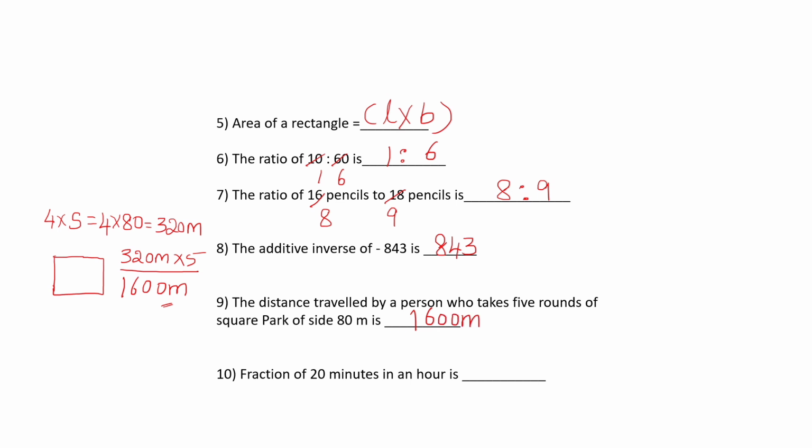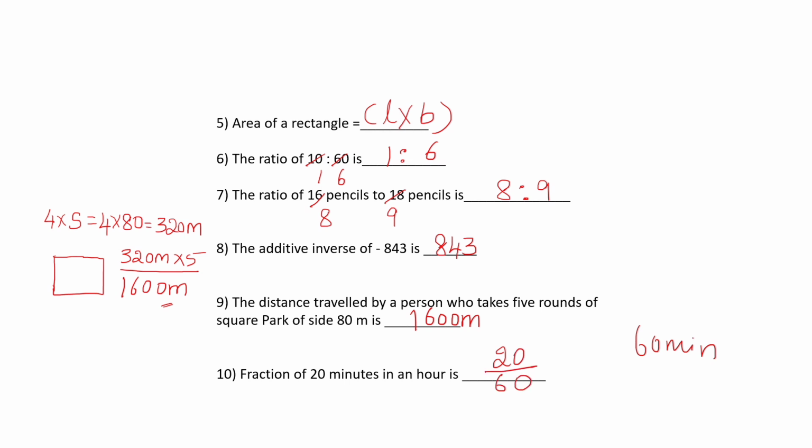Next, the fraction of 20 minutes to an hour is. There are 60 minutes in an hour, right? The fraction is 20 by 60, correct? So 20 minutes out of 60 minutes.